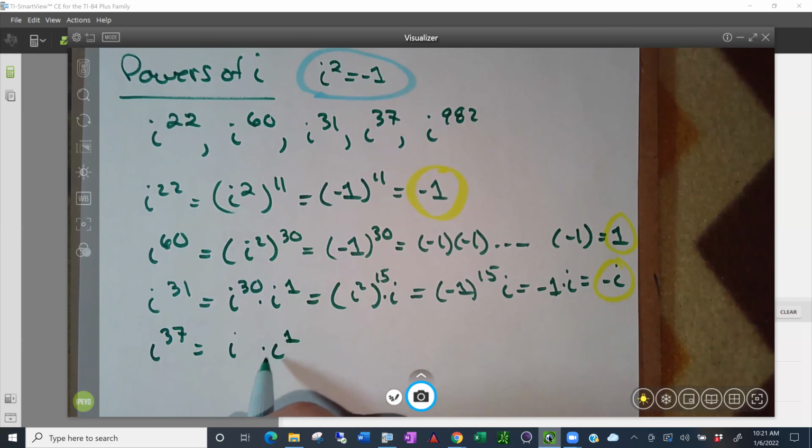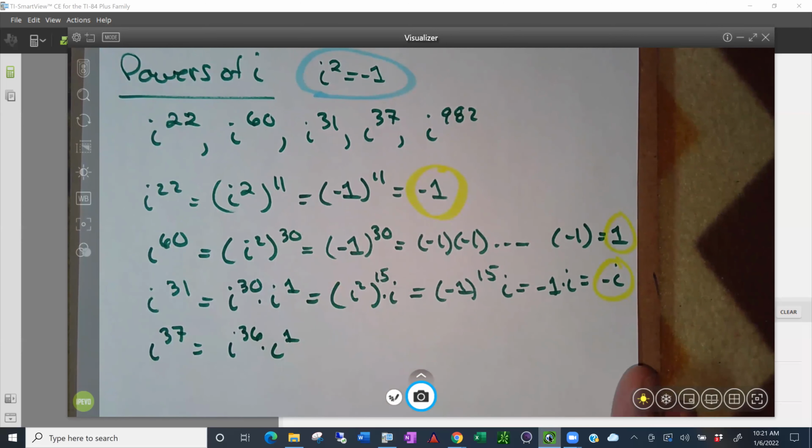If I split off one of those i's, how many of them are left? Well, if you said 36, then bravo to you. This is i squared to the 36 times i to the first. Remember, when you multiply things with the same base, you add their exponents. So 36 and 1 gives you 37. Beautiful.